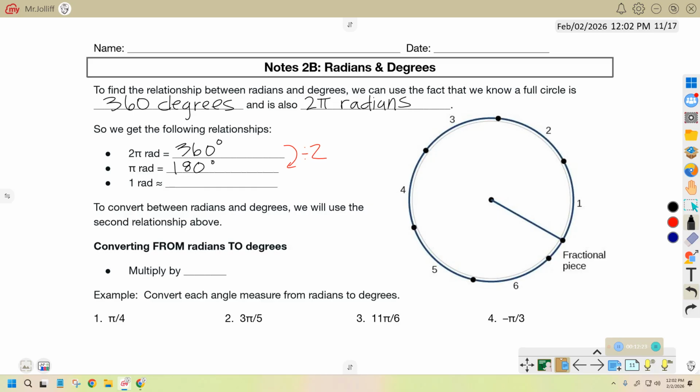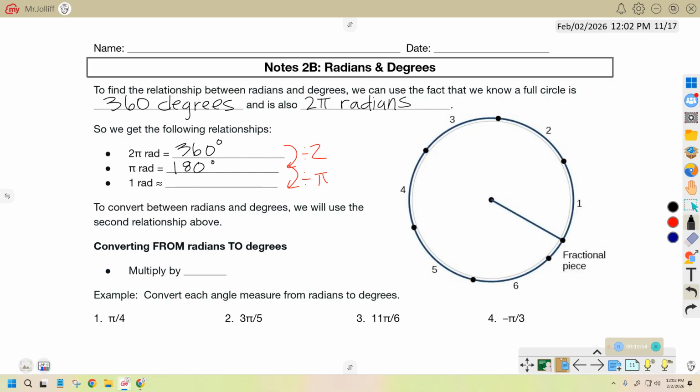Focusing on the left, I want to go from pi to 1. What should I divide by? How do I turn a pi into 1? How do I turn anything into 1? Divide by itself. Anything divided by itself is 1. So on your calculator, what is 180 degrees divided by pi? Use the pi button, not the 3.14.